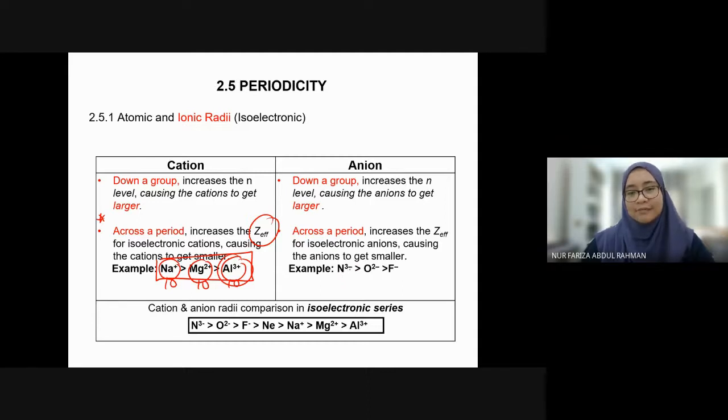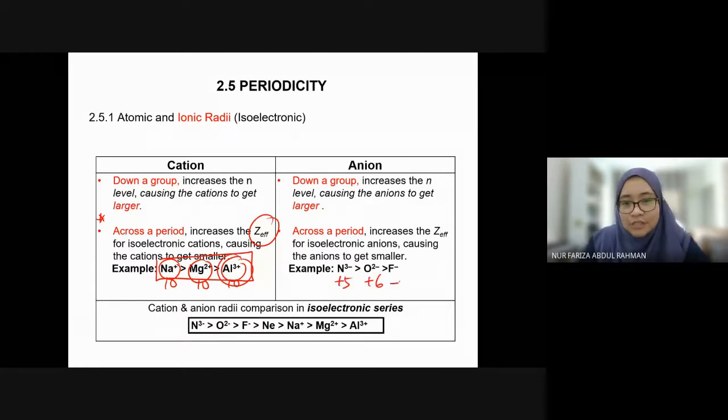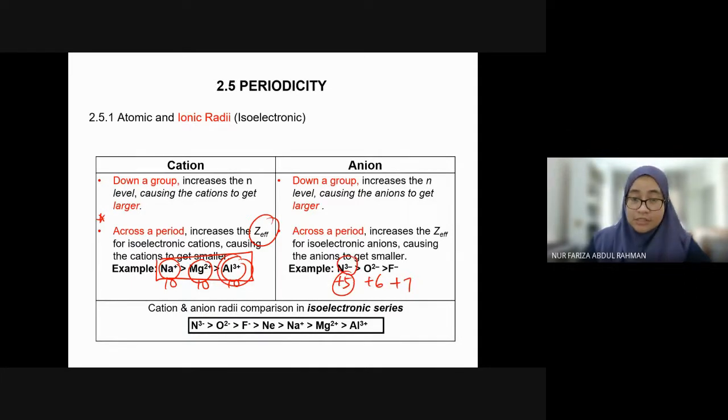N3 minus accepts more electrons compared to O2 minus and F minus. So the more electrons it accepts, the larger the size. In terms of Z effective, N is lower, right? Positive 5, this is positive 6, positive 7. Its Z effective is lower, and it accepts 3 more electrons, which means the shielding effect becomes larger.